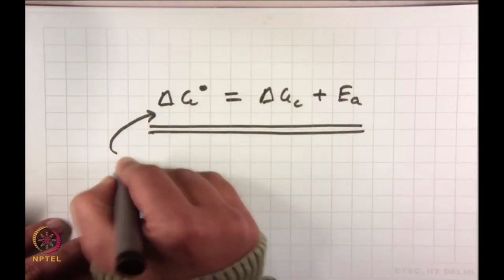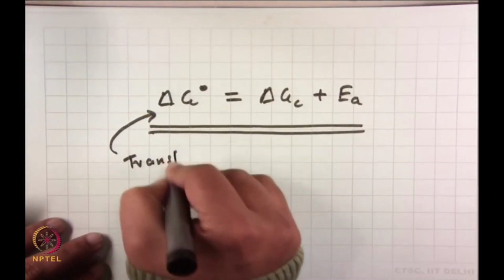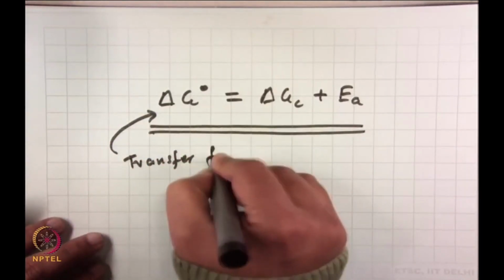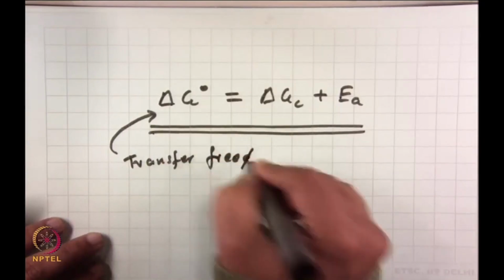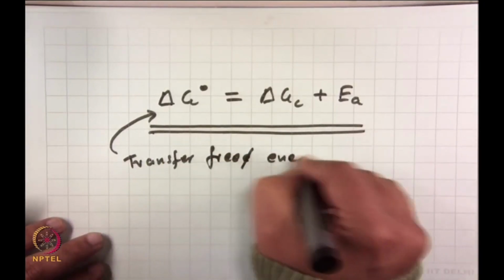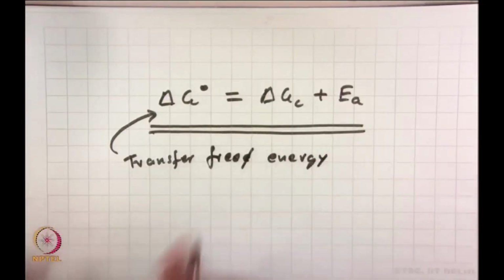Remember, that is the transfer free energy that we had looked at before. Whether this transfer is favorable or not is dictated by two terms, delta Gc and EA.